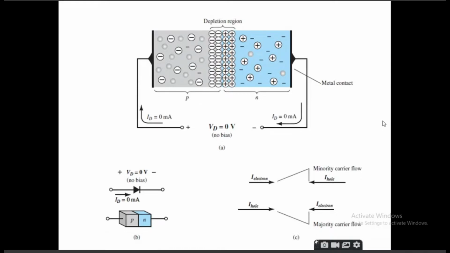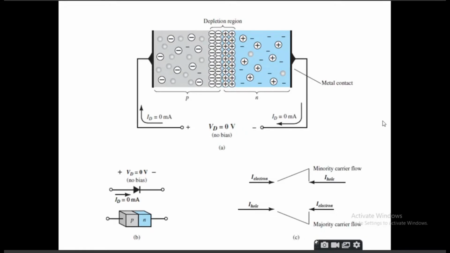Similarly, on the P side there are certain negative signs which are not encircled. There are two such signs. Again, these are called the minority charges on the P side.